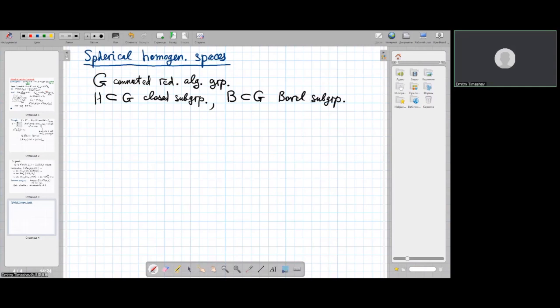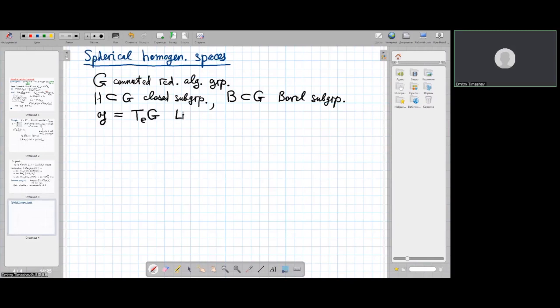Also, I need a notation for Lie algebras of algebraic groups. We use lowercase German letters to denote Lie algebras of algebraic groups. In particular, let me denote by small German g the Lie algebra of big capital Latin G. This is just the tangent space at identity.